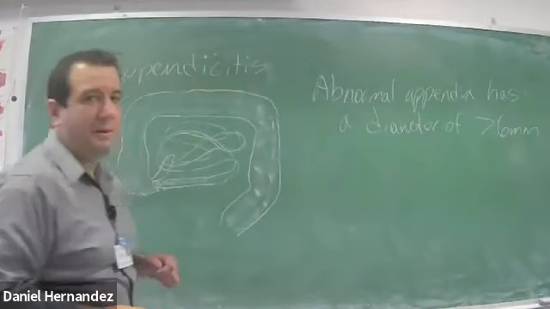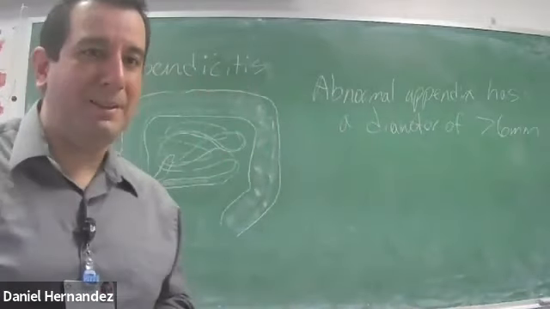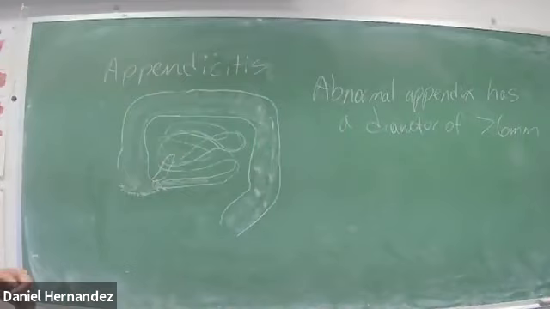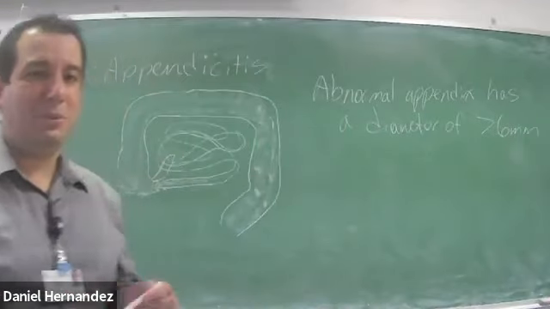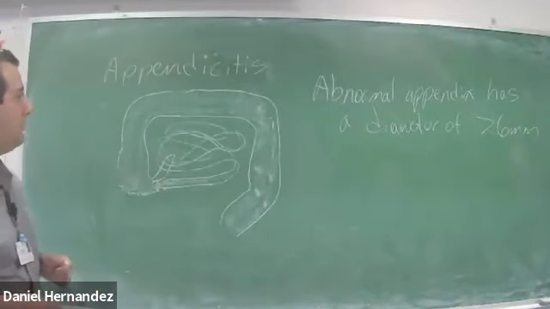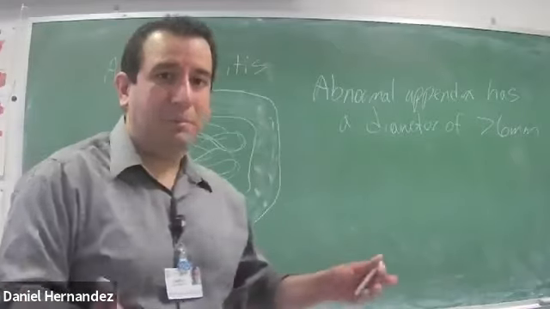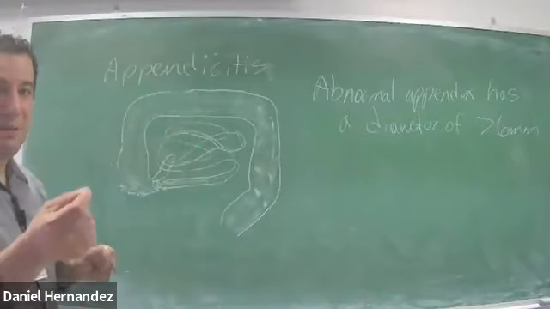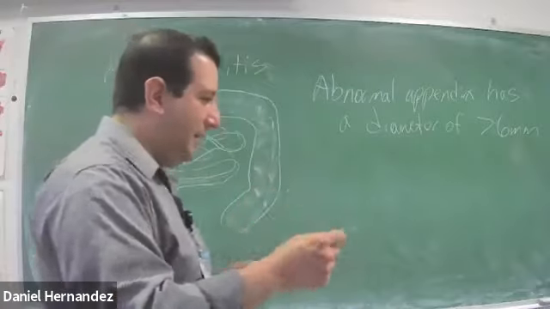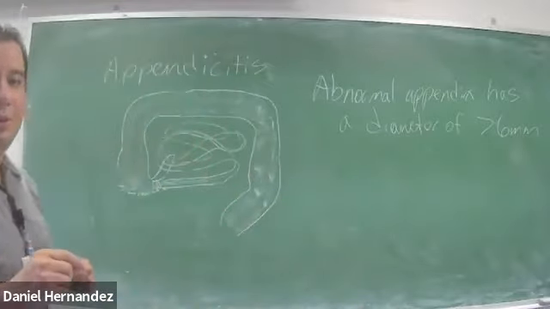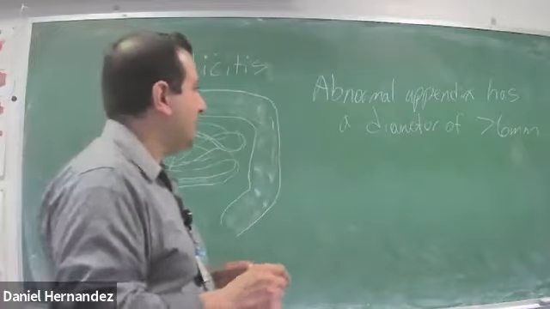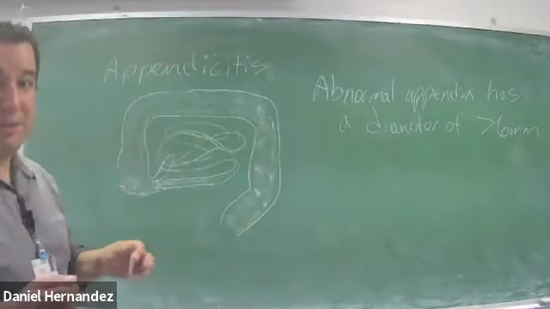When I'm doing an appendix study, I tell the parent these things are difficult to find, I'm not going to lie. It's one of the more challenging ultrasound exams you're going to do. I tell them a normal appendix is less than half a centimeter in diameter. Just think about the little centimeter marks on a ruler. A normal appendix is going to be less than half a centimeter in diameter.